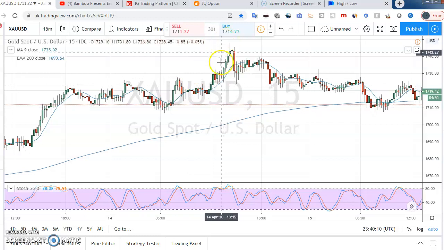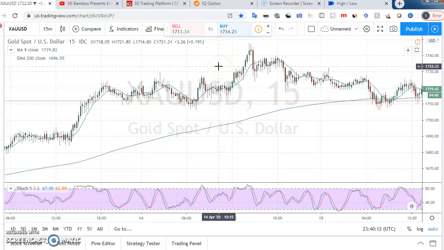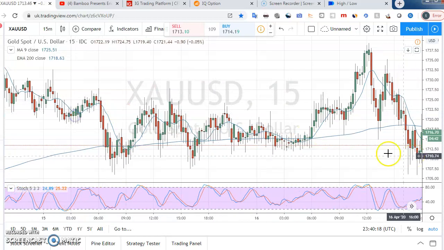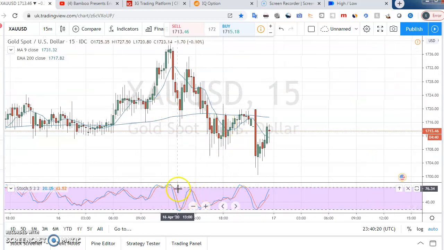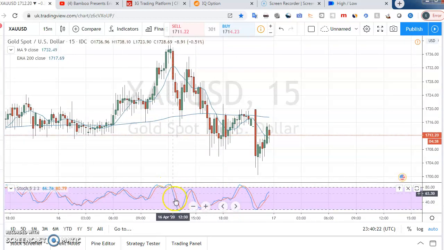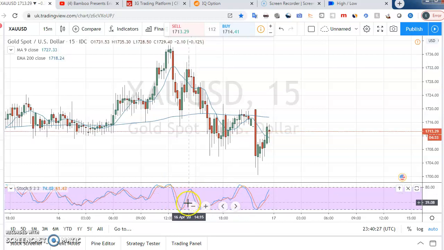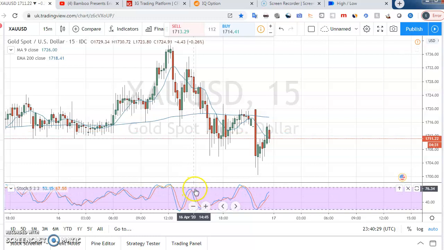So that's what this idea is all about. On the gold, the stochastic makes a very good call maybe twice in a day. For instance, if we look at this stochastic, it's made an upturn.